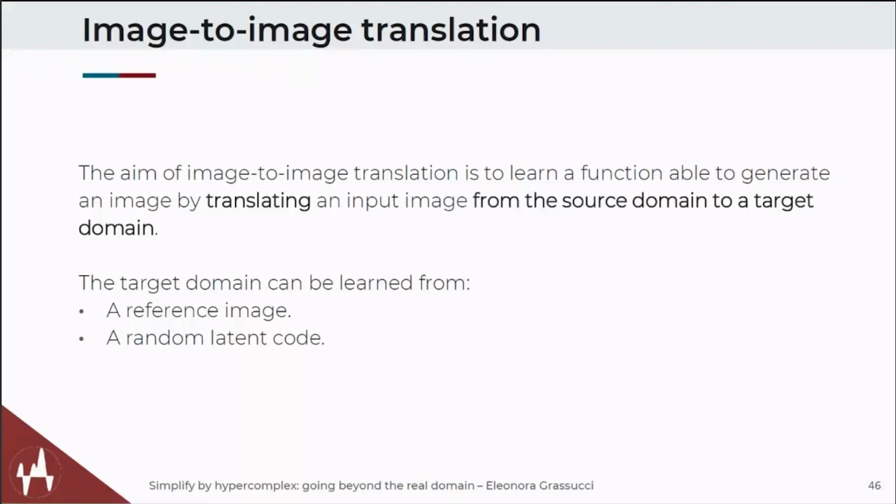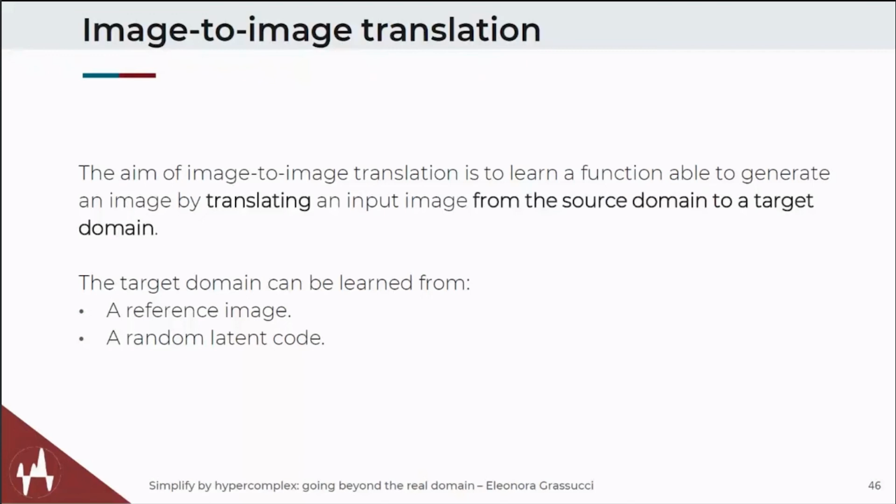Imagine that we can translate the image of a mountain from winter to summer, preserving the same structure of the mountain, removing the snow and adding, for example, the grass and the sun.